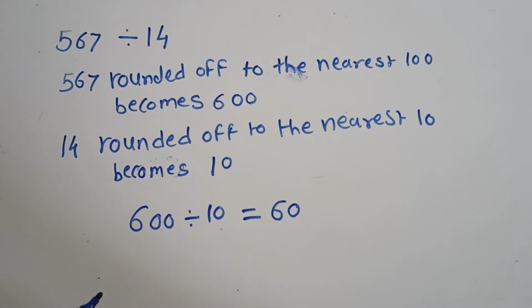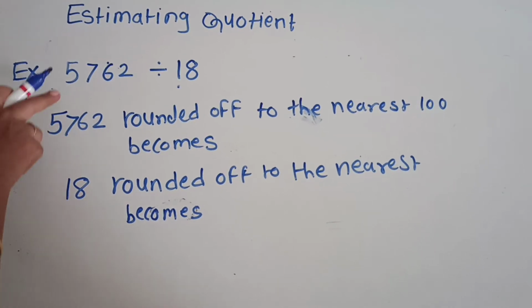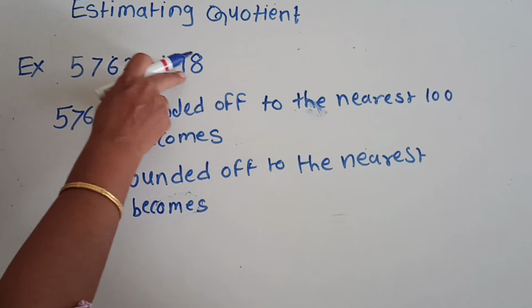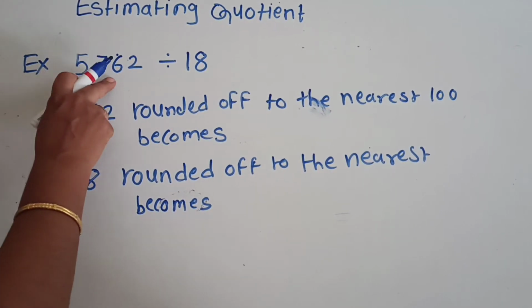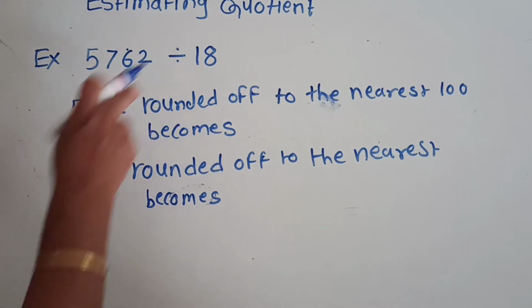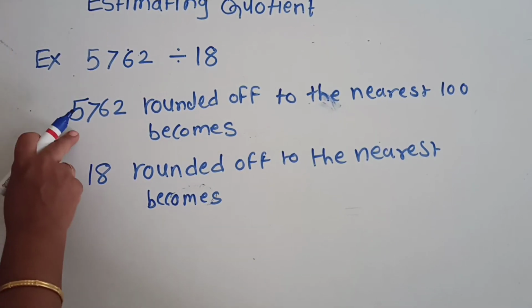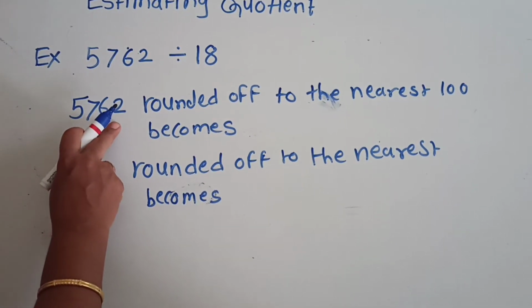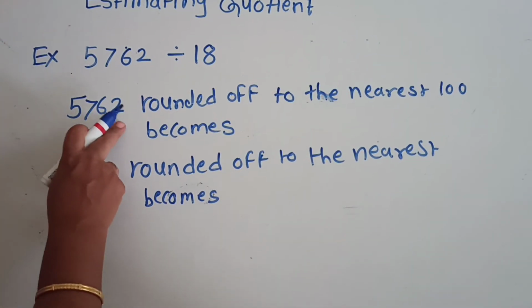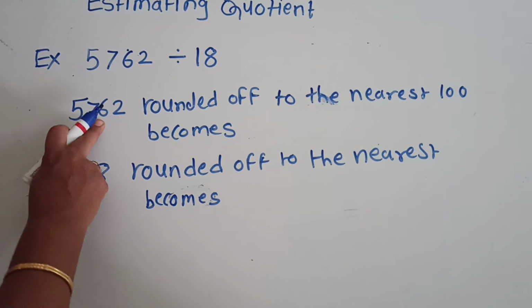Let's see one more example. Here in this example, 5762 divided by 18. 5762 is the dividend and 18 is the divisor. So 5762 rounded off to the nearest 100: see here, nearest 100 means see the number in the tens place.